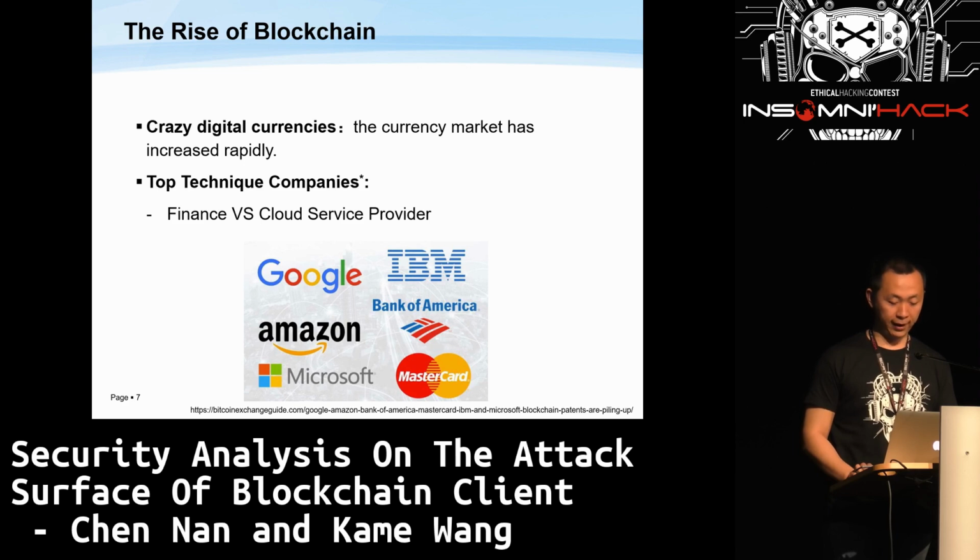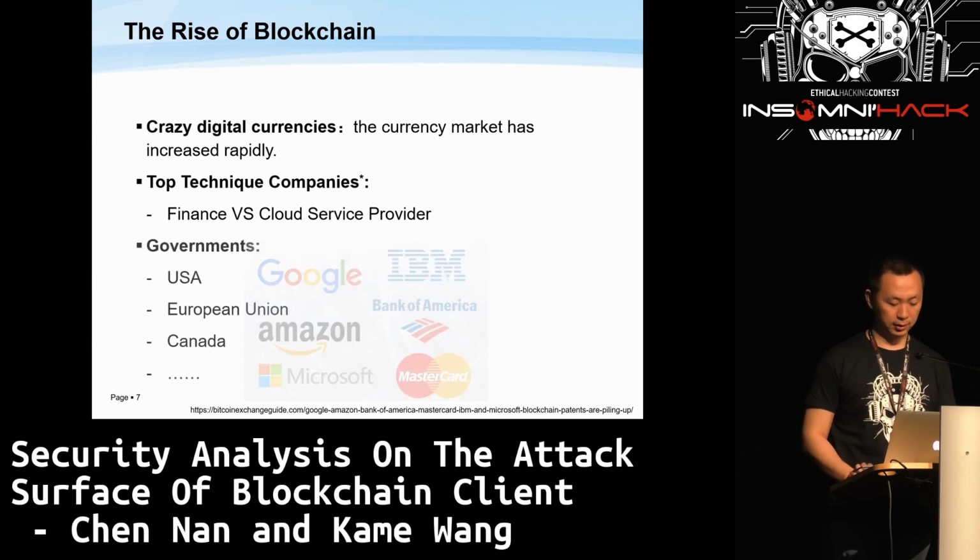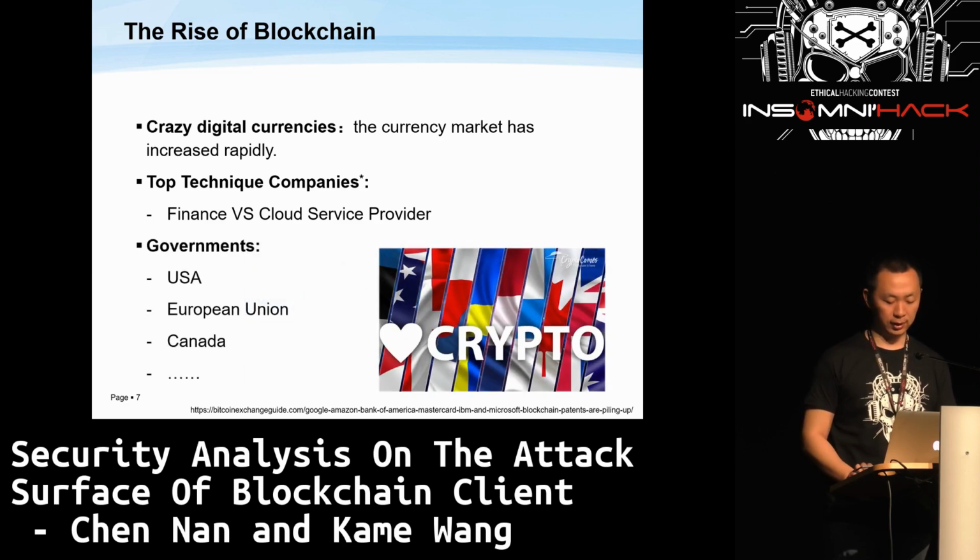The financial companies are most interested in this new kind of technique. Furthermore, the cloud service providers are also providing solutions for blockchain networks. Many countries are also very supportive of blockchain technique. For example, in June 2015, America released some sweeping new rules for licensing virtual currency businesses in New York City.